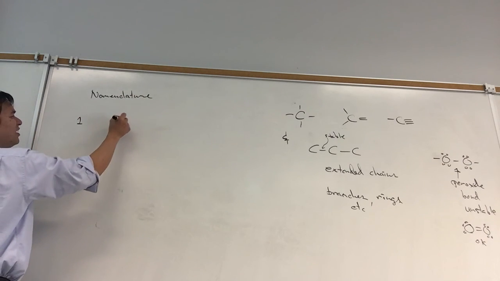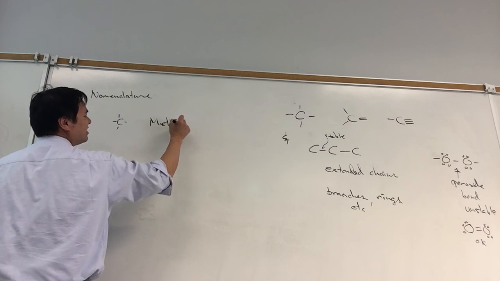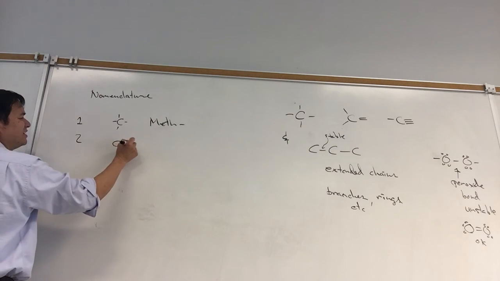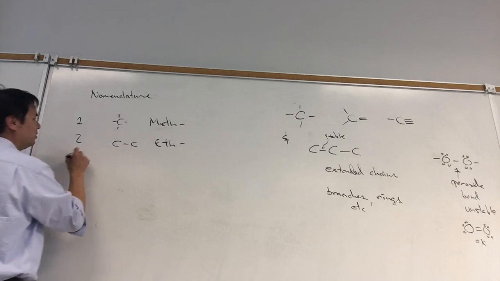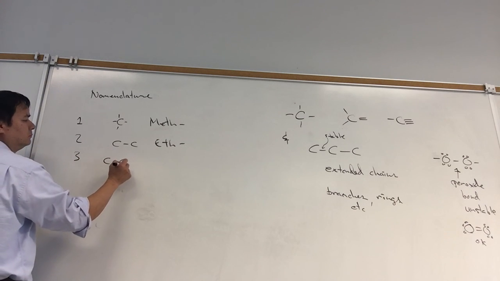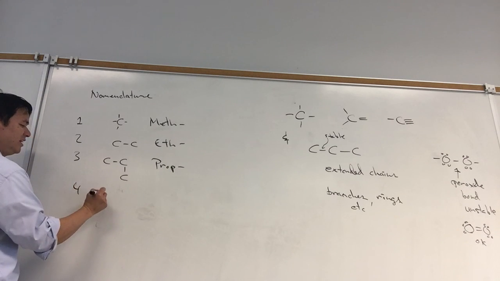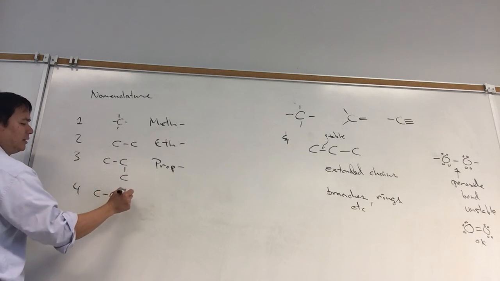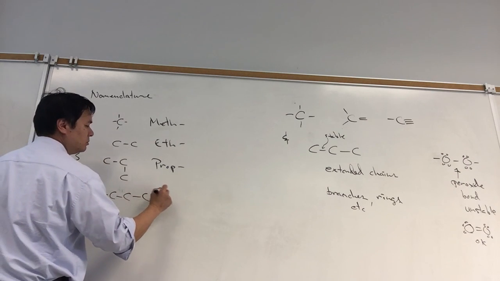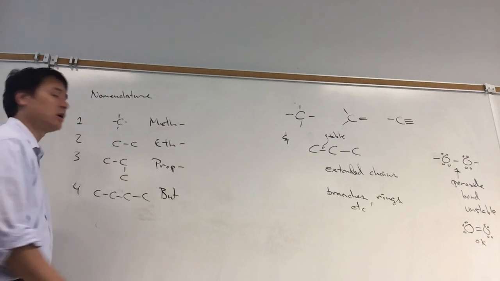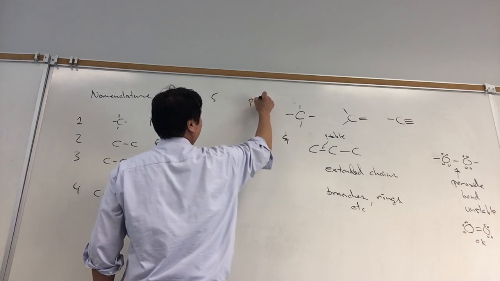If we have one carbon, it gets the base or parent name, meth. Two carbons in a chain gets eth. Three is prop. Four, and they don't have to be all straight in a line. They could go down or up or whatever, zigzag. This is but. Let me just finish off with this real quick. Five is pent.